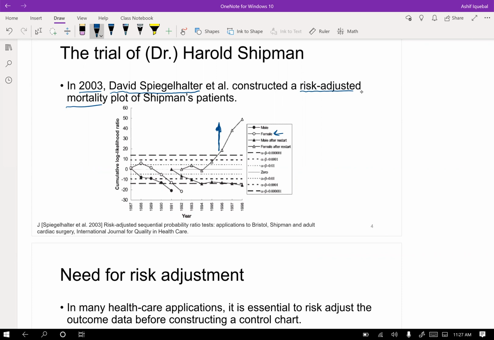So just to summarize, after taking into consideration that patients have pre-existing conditions, David plotted another control chart by adjusting the risk. And he noted that after 1996, the number of excess deaths still crossed the control limits.